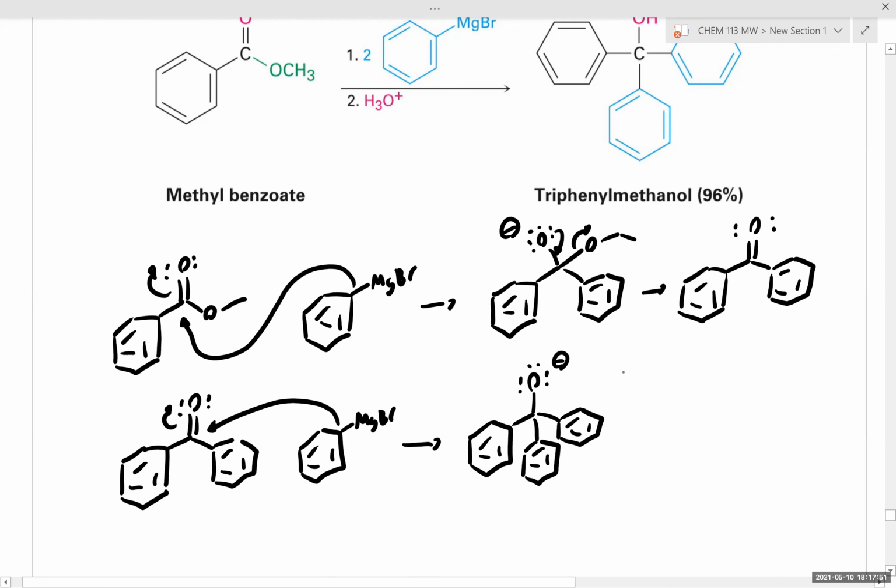Now, when we quench with acid, we'll be able to isolate the desired tertiary alcohol. So if you wanted to prepare a symmetrical tertiary alcohol with two identical substituents, Grignard addition into esters is a wonderfully useful method.